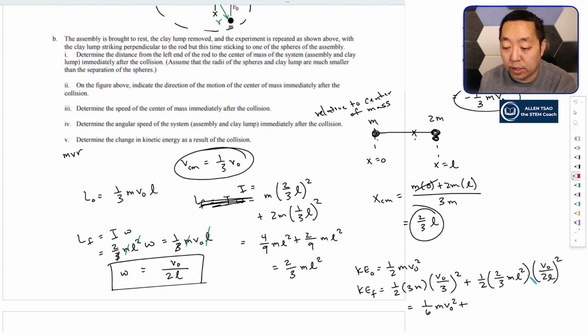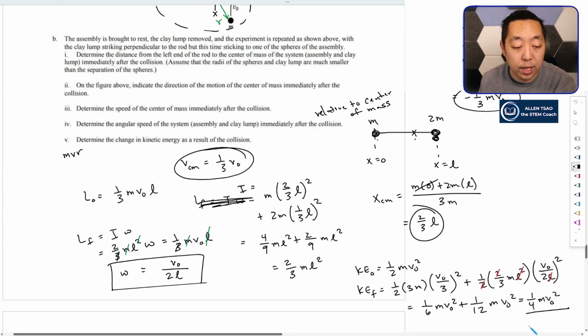Plus, then let's do some canceling here. The L squareds are going to cancel. This is going to be 1/4 times 1/3, that's 1/12 mv0 squared. And so this is 2/12 plus 1/12, 3/12, that's 1/4 mv0 squared. You can use a calculator for that.